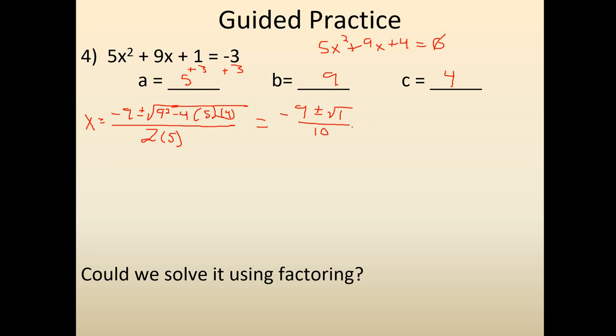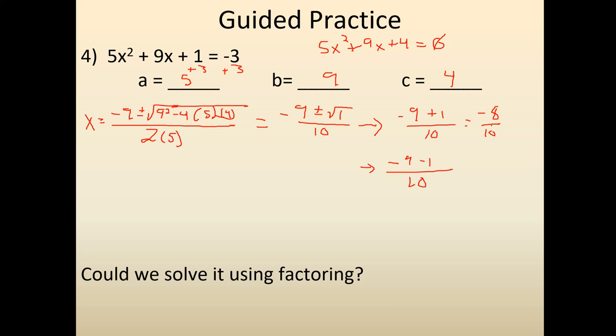So this gets me two numbers. In one case, I'm going to have negative 9 plus 1 over 10. And the other case, I'm going to have negative 9 minus 1 over 10. Remember, that's what the whole plus or minus is telling us. So in this upper case, negative 9 plus 1 is negative 8 over 10.